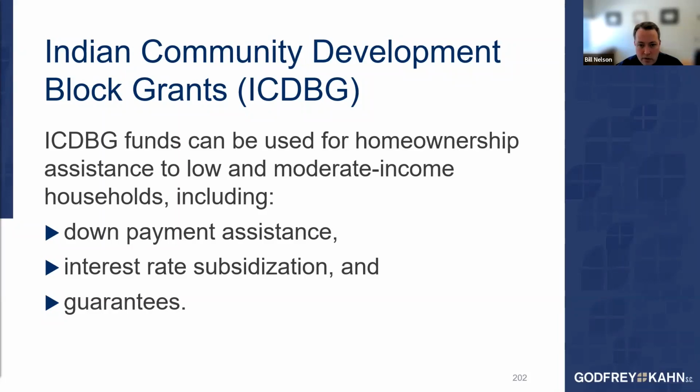For the sake of everyone's sanity, we're not going to rehash those criteria in detail here, but we strongly recommend consulting the handbook for a quick refresher. So you have that handy, and that handbook was shared with your materials. And if you didn't have a link today to it, or for some reason you didn't receive it yesterday, the Indian Housing Handbook that Godfrey and Khan has prepared, we can insert that in the chat so you can look at it.